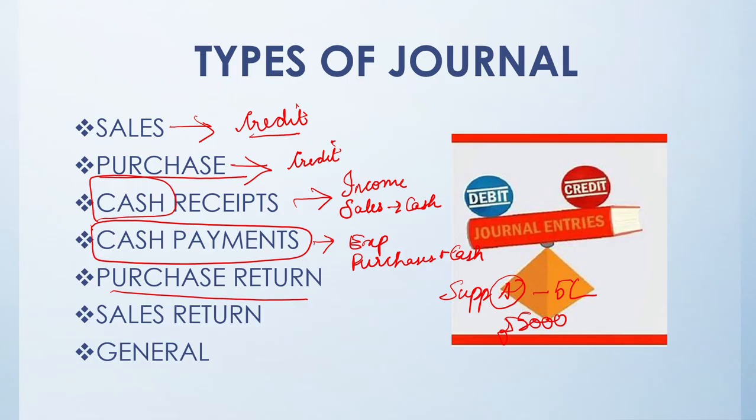So what will you do? You will return it back to the supplier. You will not use that 5,000 worth of goods, right? Because it is defective, it's not up to the mark. So you will return it back to the supplier. That's why it is called purchase return. You're returning the goods that you have purchased because there is a fault in it. Okay, that's called the purchase return journal.